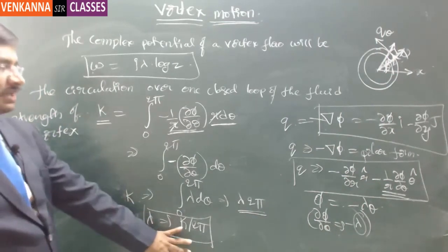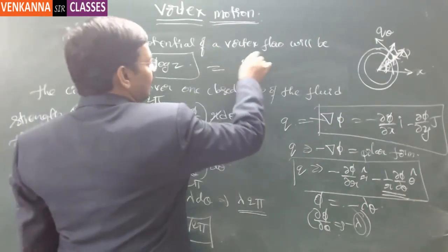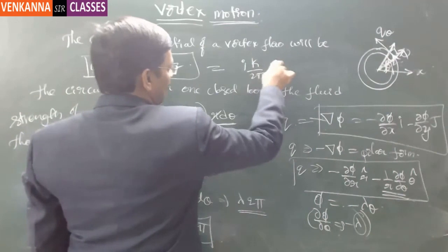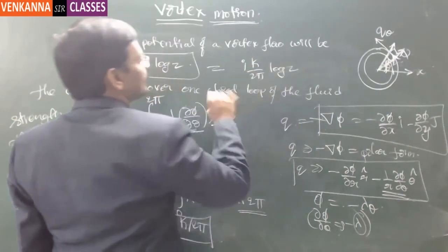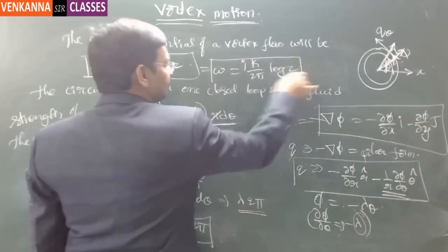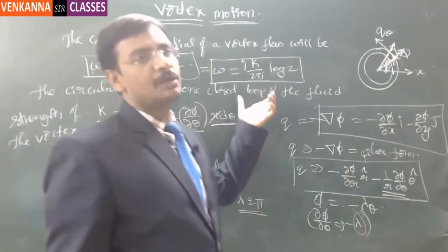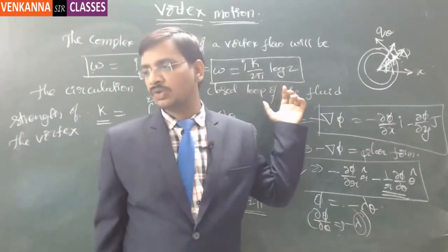Now this is the most generic form of expressing it. So the complex potential you can write as iK by 2 pi times log z. This is the value of W in the case of vortex flow. Why we brought it into this format is that we are very much familiar with two-dimensional flow.